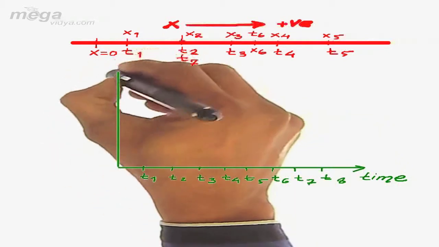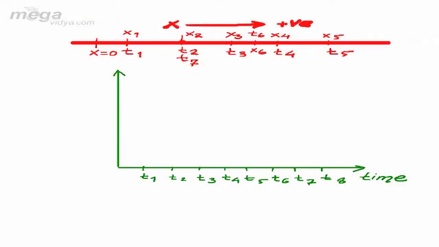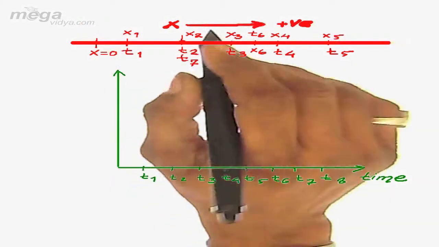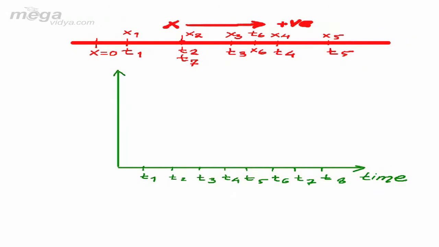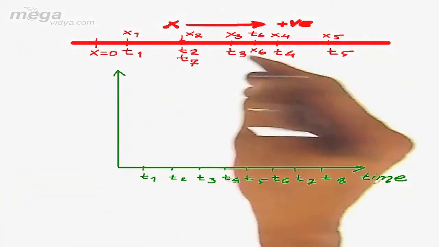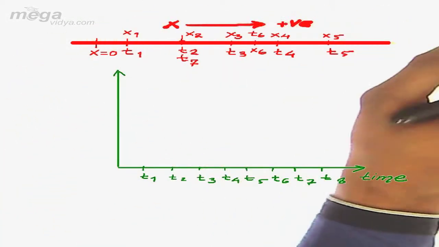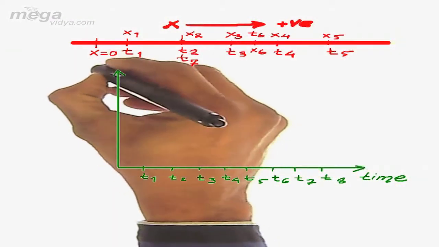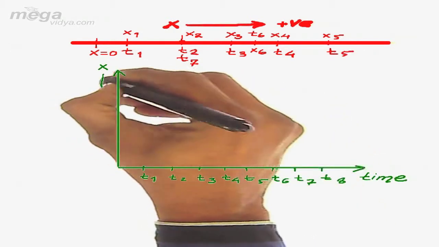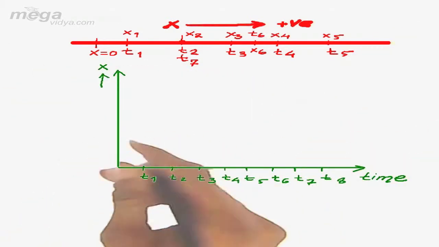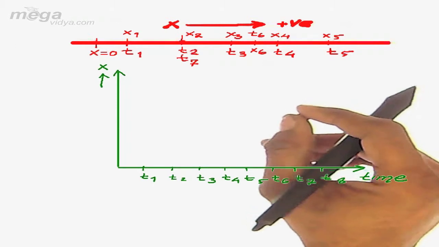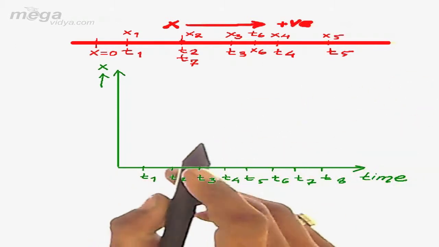Here on the y-axis of the xy coordinate system, I am taking the position of the particle. As the particle is moving along the x-axis either in positive or negative x direction, we are taking this position x on the y-axis with some scale which may be of any type, maybe 1 centimeter equals 1 meter or 1 centimeter equals 10 meter depending upon my choice.